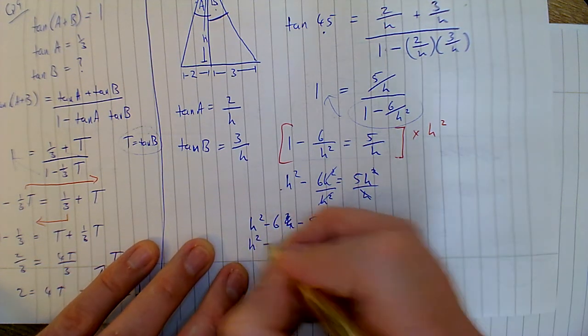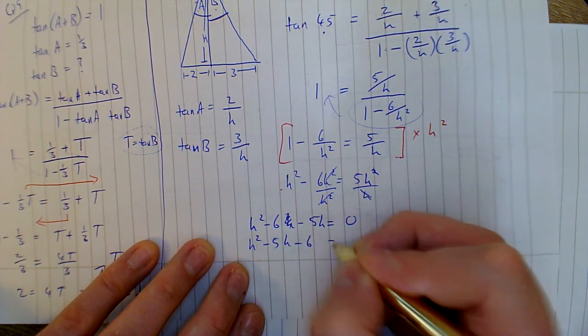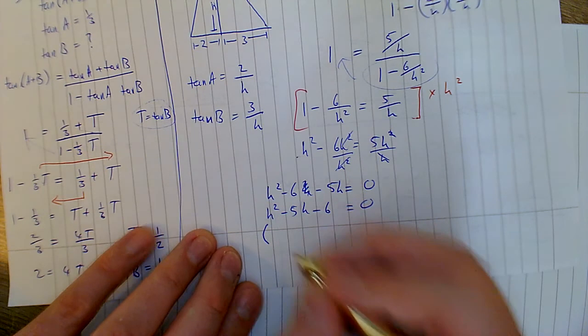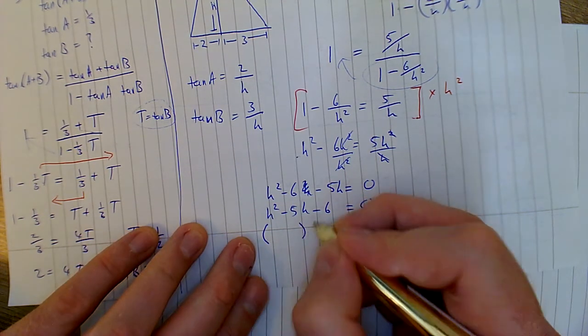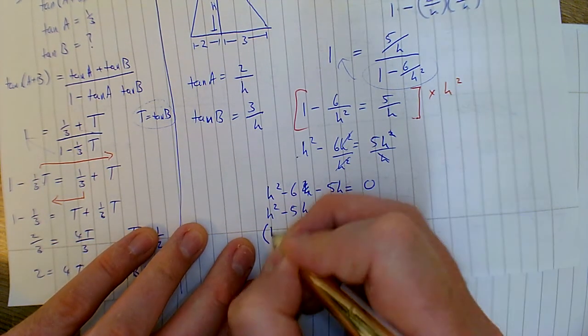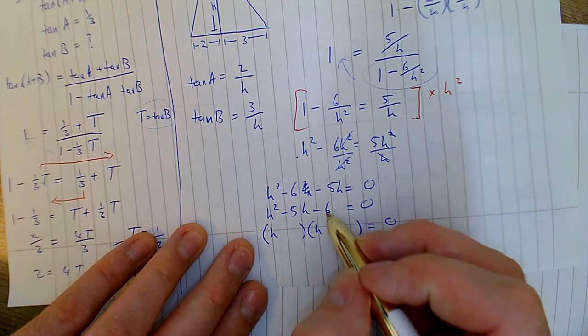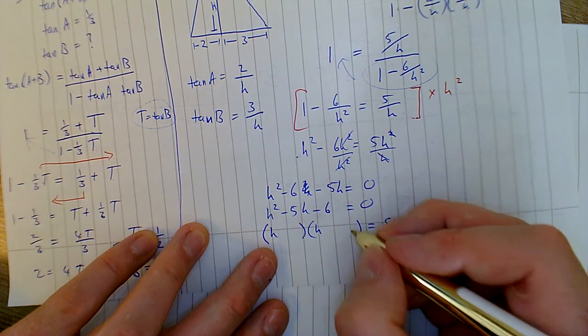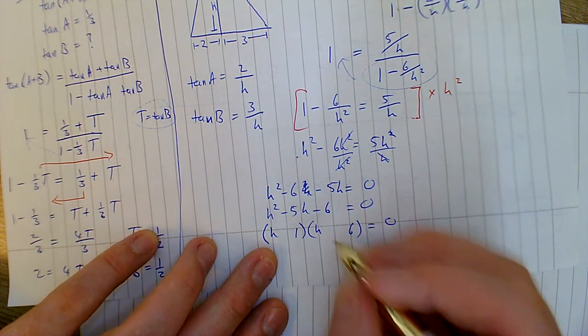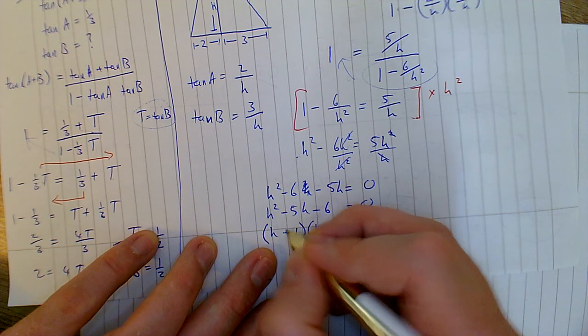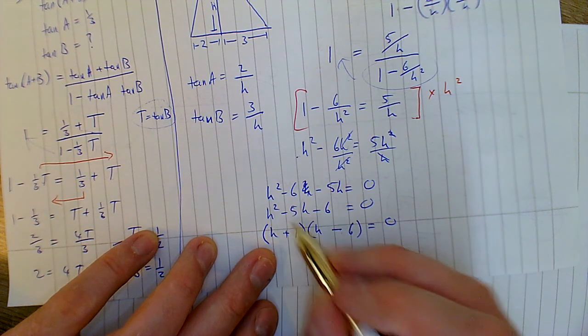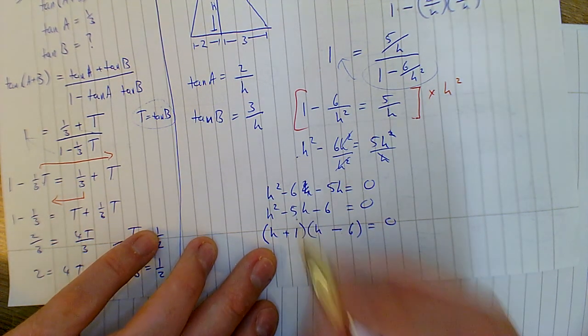Or you'd normally write that like that. That's going to factorize: h and h. Let's see, minus 6 is going to be 6 and 1, which gets you minus 6 plus 1 gets you minus 5h.